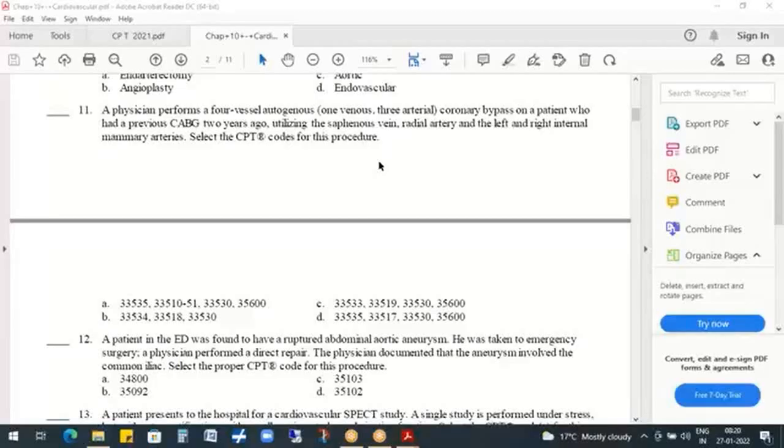To treat that abnormality, the physicians will use artificial machines. What are the machines? Pacemaker and defibrillator. Right. Reason for the procedure is bradycardia and tachycardia.